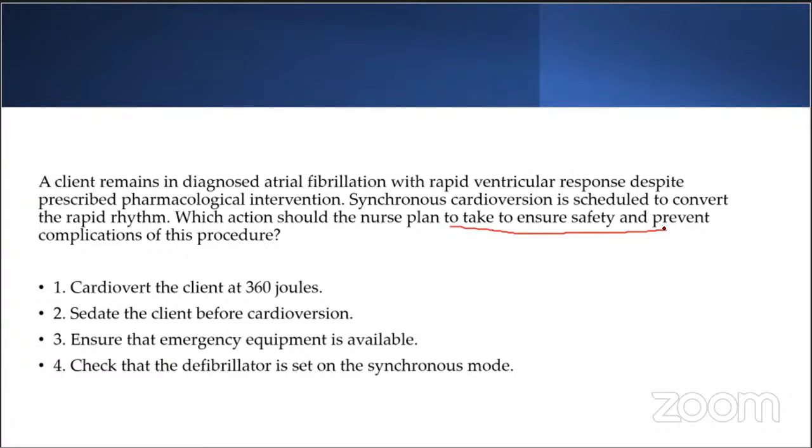So again, with synchronized cardioversion, one of our highest concerns would be that most times people would just charge the machine and shock. They would forget to press the sync button. I talked about this yesterday, and I said, you want to go back to your defibrillator and look for the sync button. Because if you do not press the sync button and you go ahead to charge the machine and you shock the patient, you have not cardioverted that patient. You have actually defibrillated that patient.